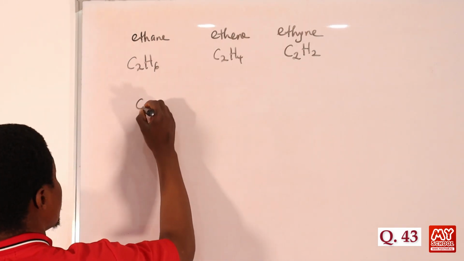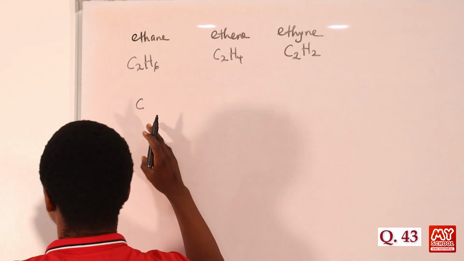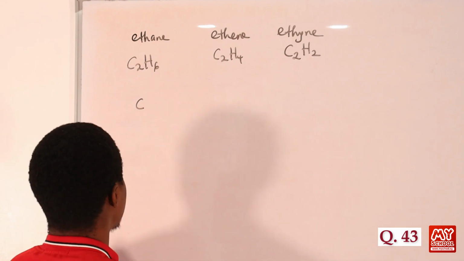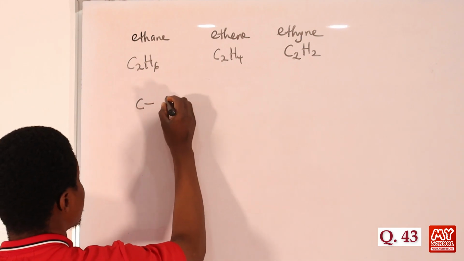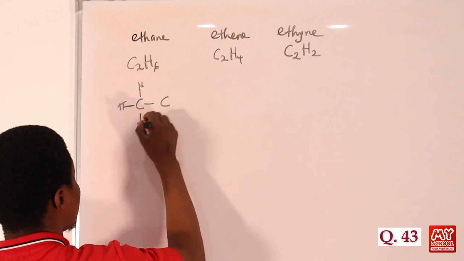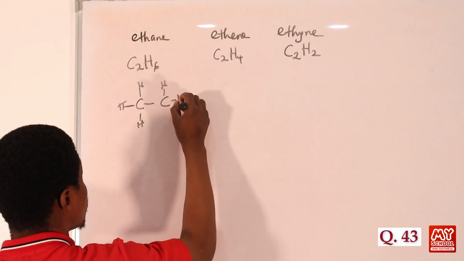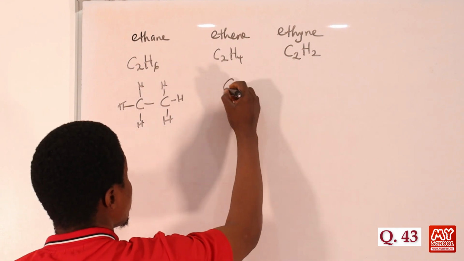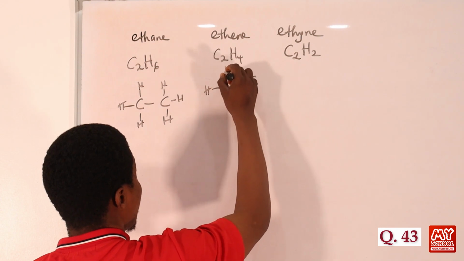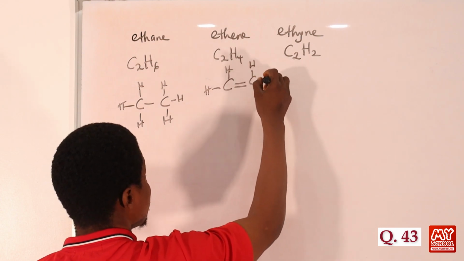If you draw this, because the hybridization is going to determine the kind of shape and energy that compound has, we have two carbon atoms here with hydrogen: 1, 2, 3 on each. For this we have two carbons with a double bond, and hydrogens.